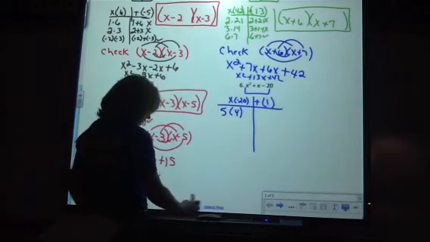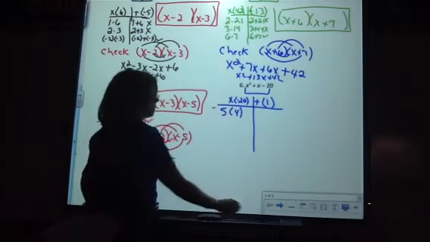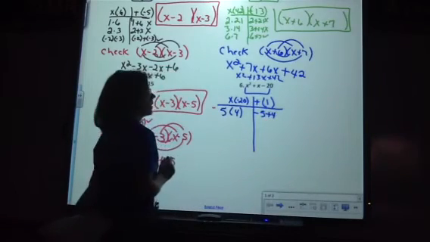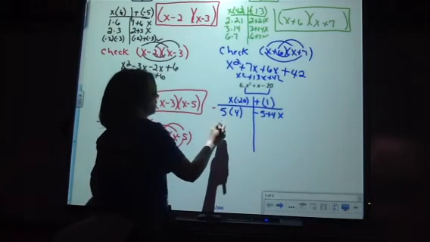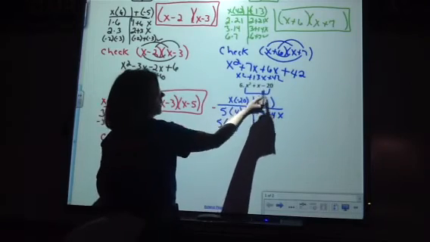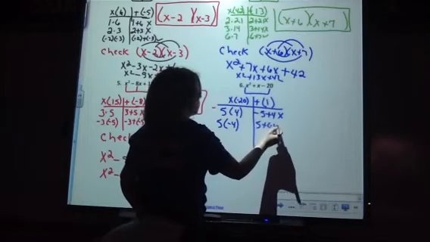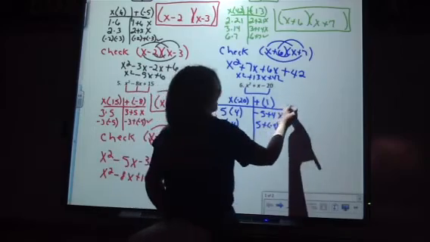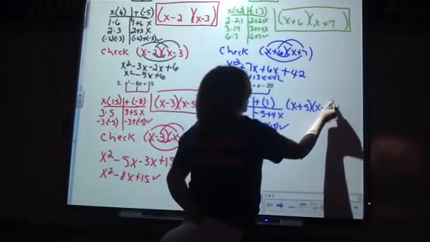So let's make the 5 here negative. All right? So if I take a negative 5 and I add a positive 4, I get a negative 1. Well, I need a positive 1, so that won't work. So if I take a positive 5 and times it by a negative 4, I get negative 20. If I take a positive 5 and I add a negative 4, I get a positive 1. So that's what I want to use for my factors. So it's x plus 5, x minus 4.